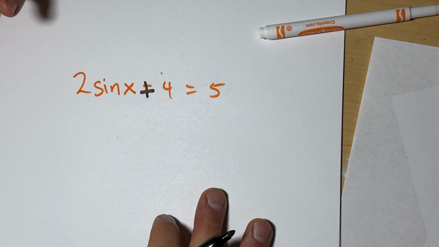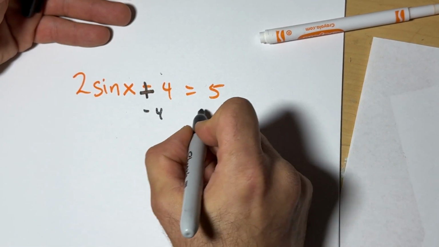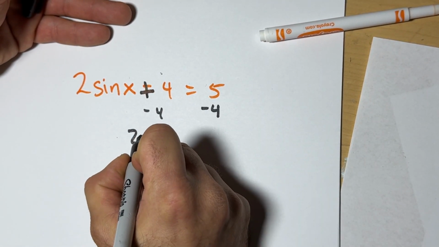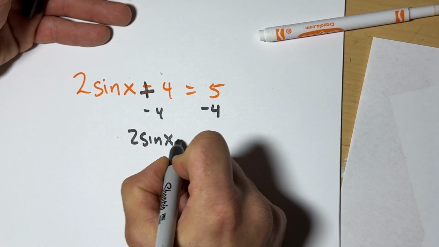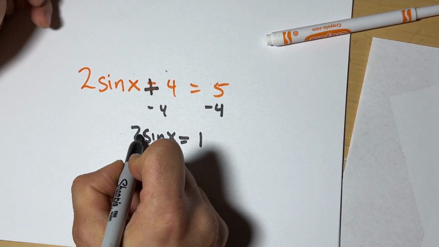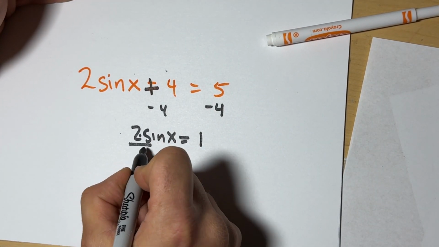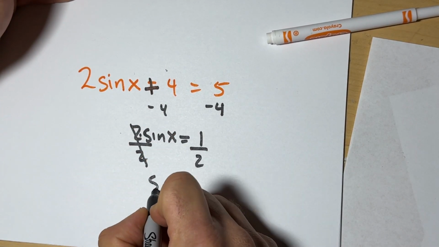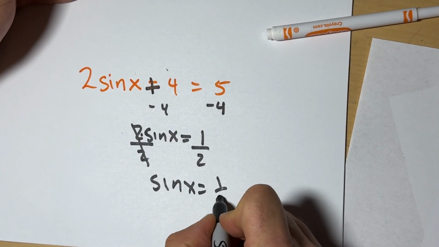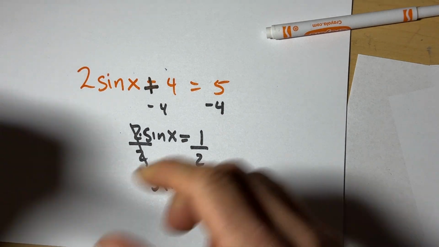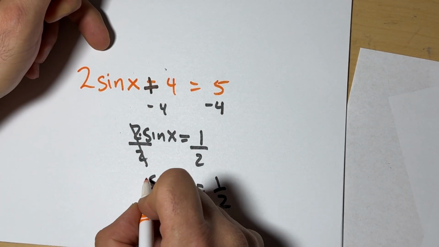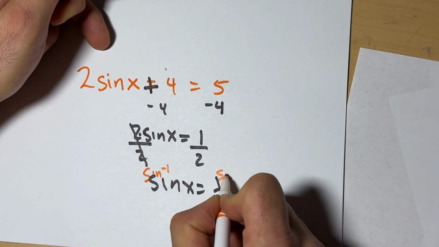We work with opposites. Subtract 4, subtract 4. 2 times sine of x equals 1. Now we deal with the times. Divide both sides. Sine of x equals 1/2. Well, what's the opposite of sine of x? We learned it's the inverse sine.